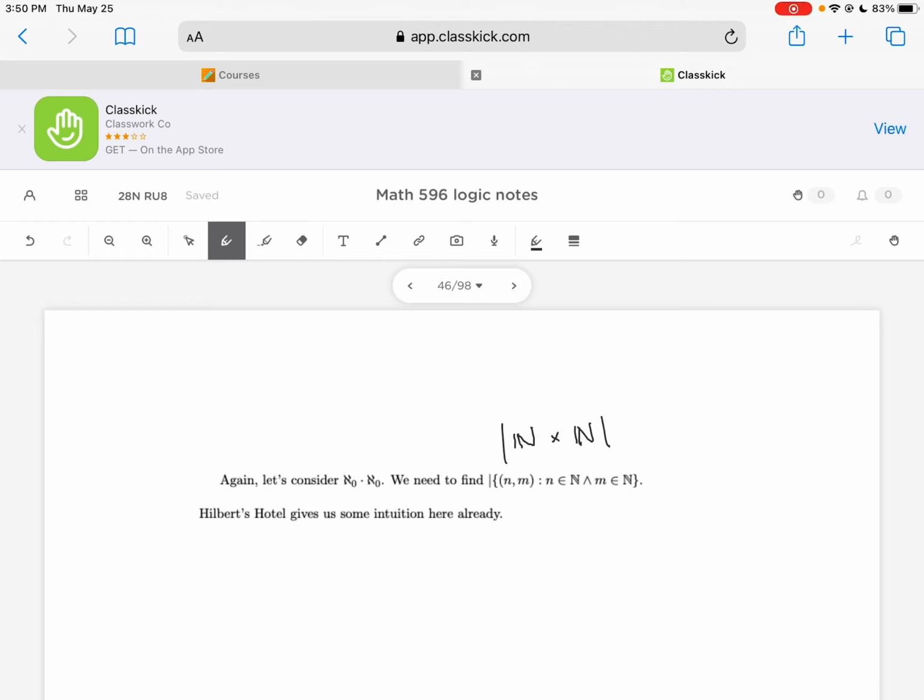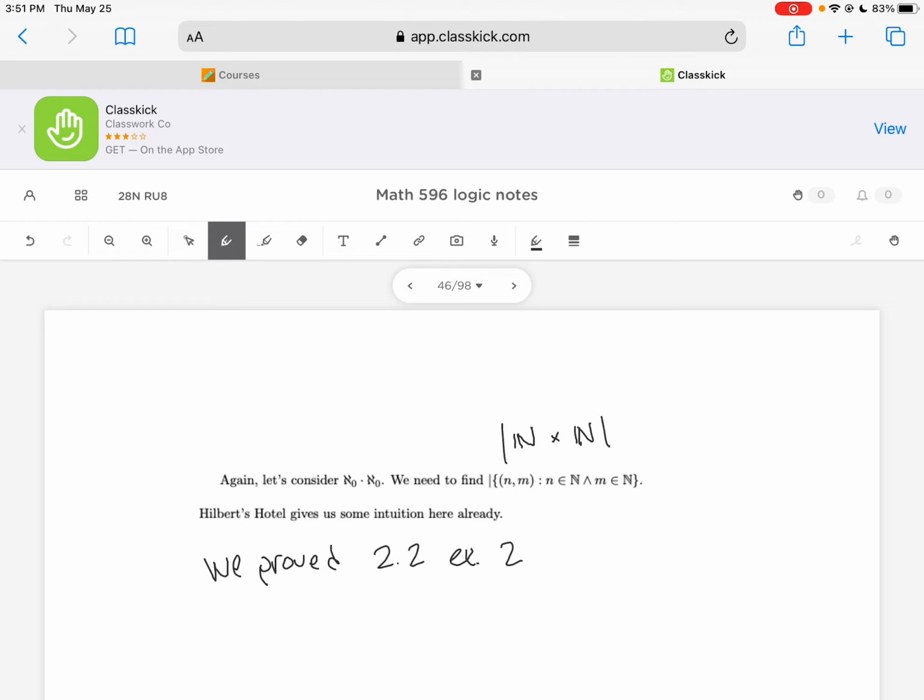Right, this is what we're trying to compute: the cardinality of N times the cardinality of N, which should be the same as the cardinality of the Cartesian product N cross N. Now again, Hilbert's Hotel kind of gives us some intuition here already, because we proved in section 2.2, exercise 2, that if there are countably many buses filled with countably many guests each, sort of indexed by the prime numbers, then there is a bijection from N to N cross N. In other words, we could accommodate infinitely many copies of infinitely many new guests in the hotel.